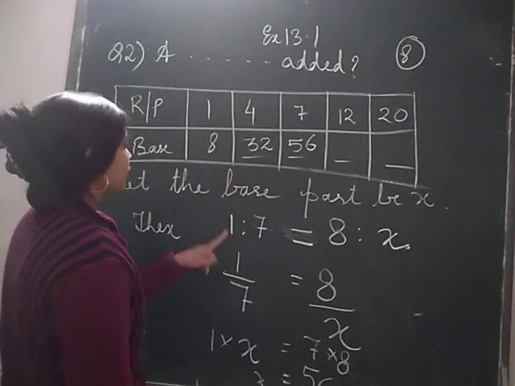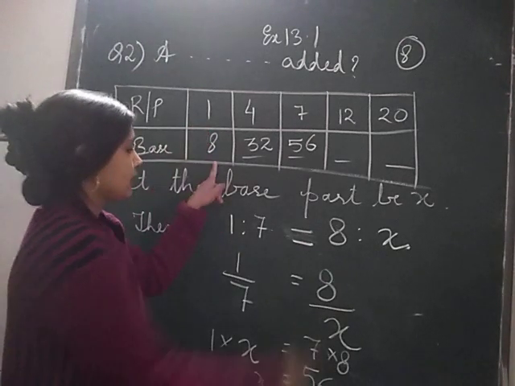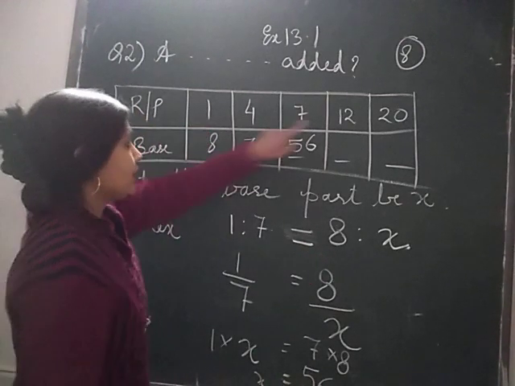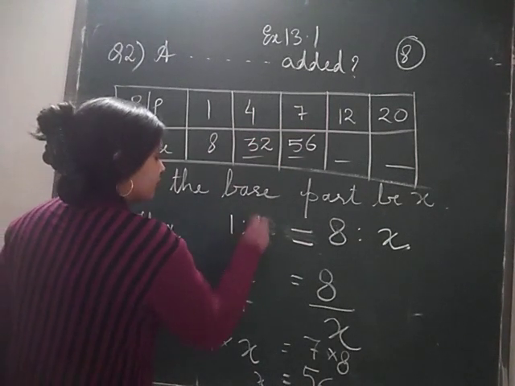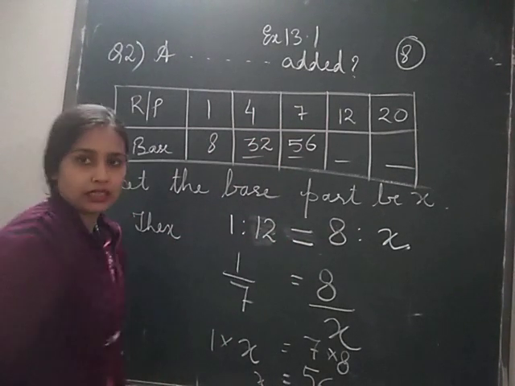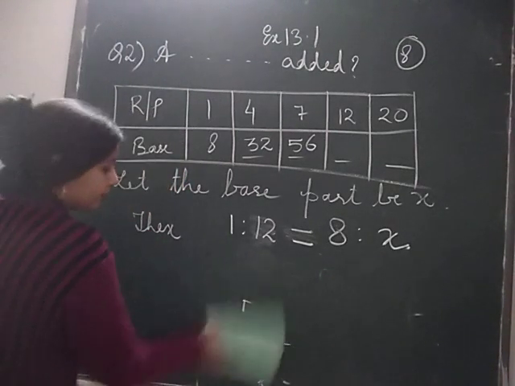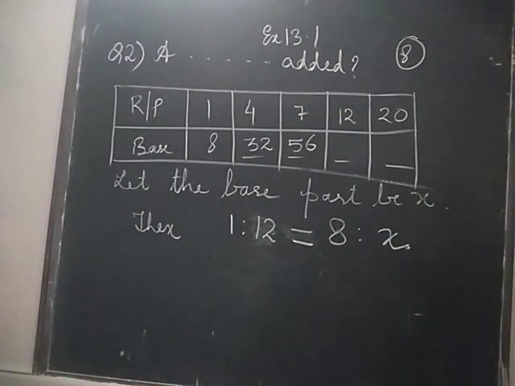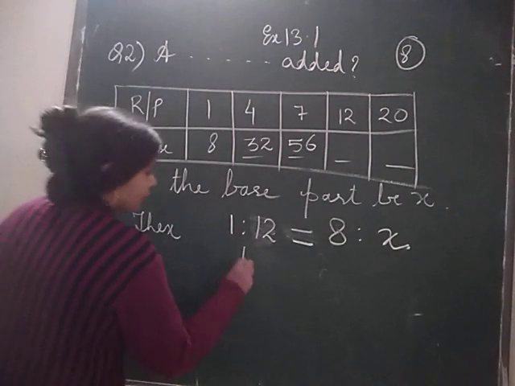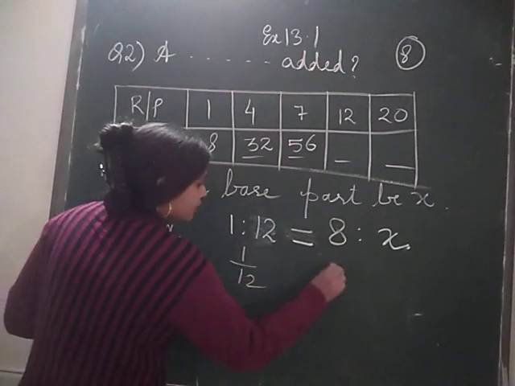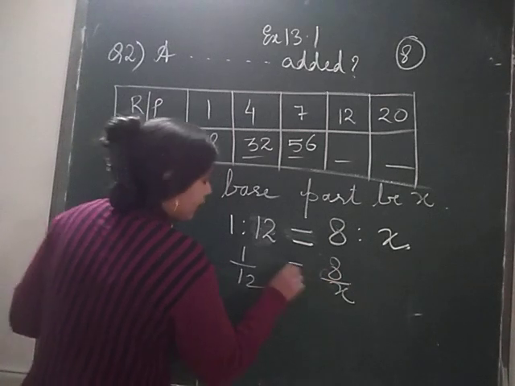When red pigment is 1, base is 8, red pigment is 12, base is x. That means this is 1 by 12 and this is 8 by x.